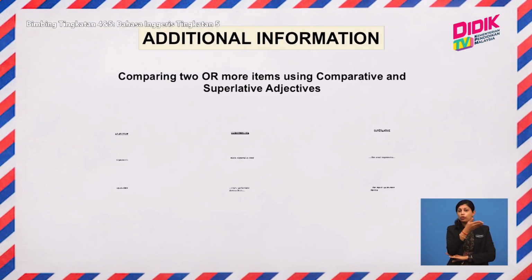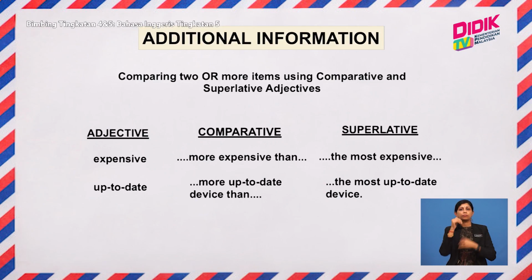Now, here is some additional information. There are some adjectives like beautiful, which cannot be changed to beautifuler or beautifulest. Because these words do not exist, if you write it this way, it will be marked as an error. Okay?